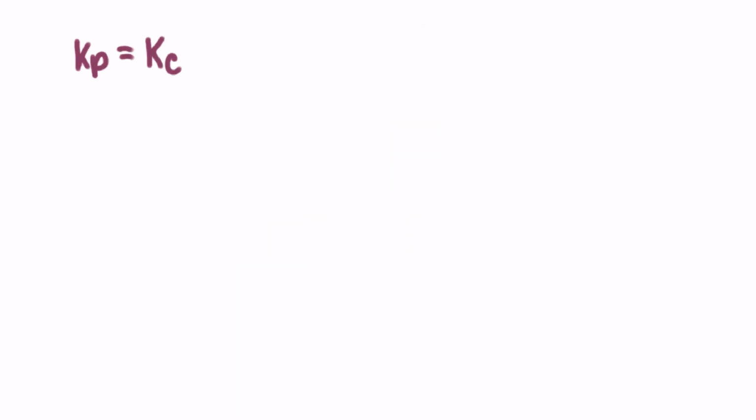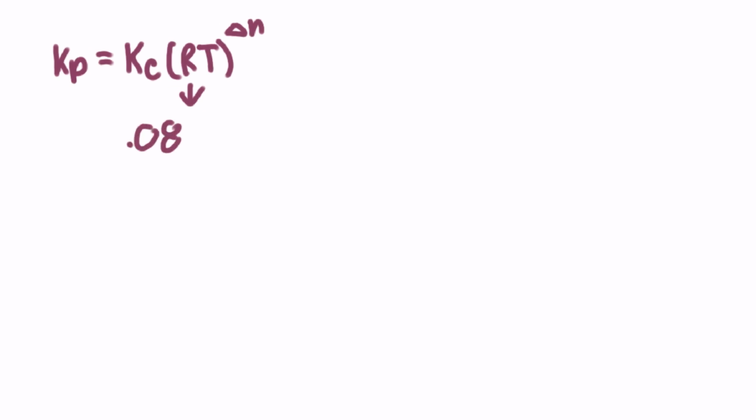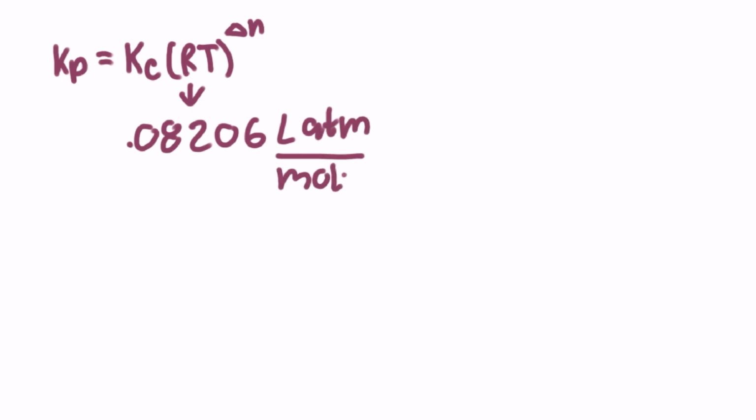If you're trying to convert Kp to Kc or vice versa, you will use this equation of Kp equals Kc times RT to the delta N, where R is our gas constant, 0.08206 atm per mole Kelvin, and temperature is in Kelvin.